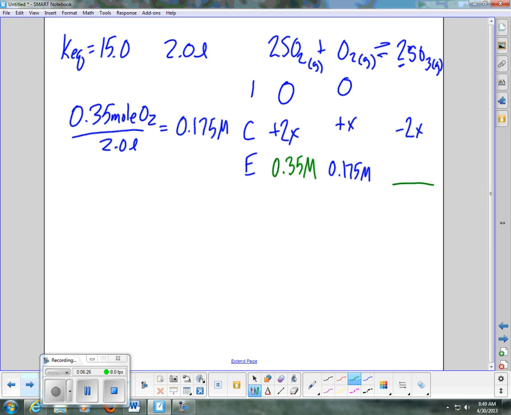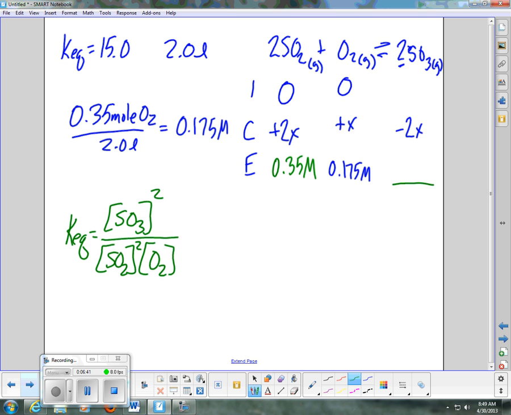So let's write the KEQ. KEQ for this equation is going to be products, SO3 to the squared power, divided by SO2 squared times O2. Everybody okay with writing the KEQ? KEQ doesn't matter what goes first. Now, I have everything but SO3, right? So I can plug everything in. 15 is equal to, I'm going to call SO3 x, because then I don't have to rewrite it over and over again.